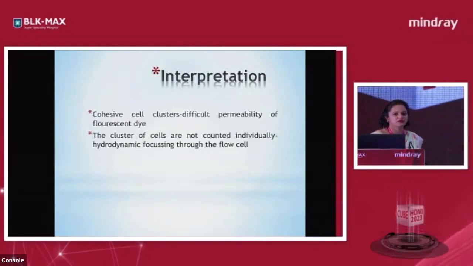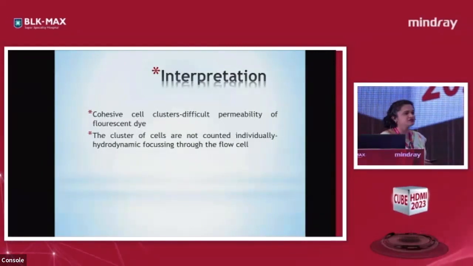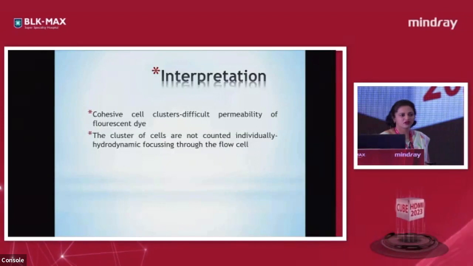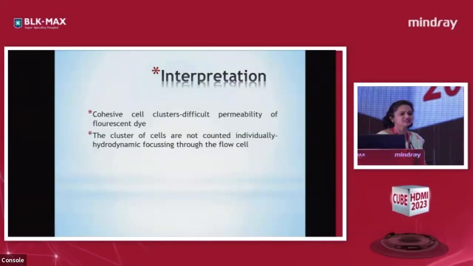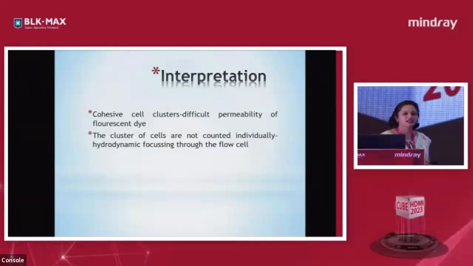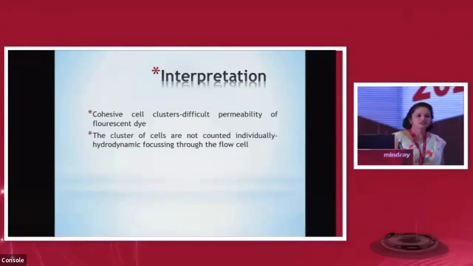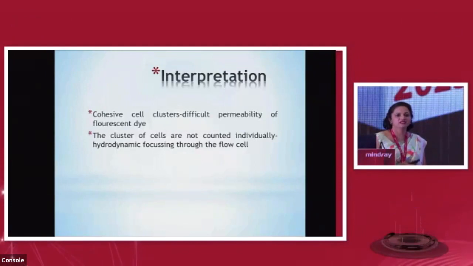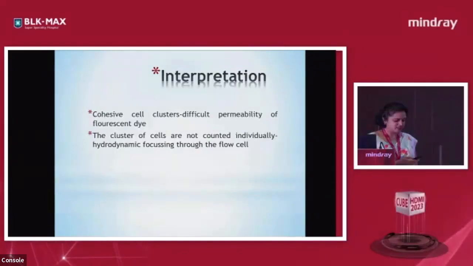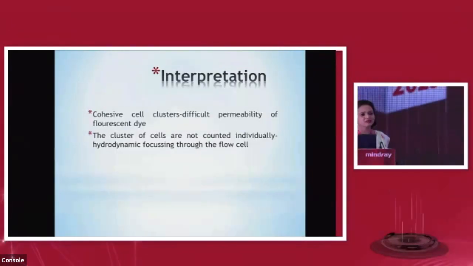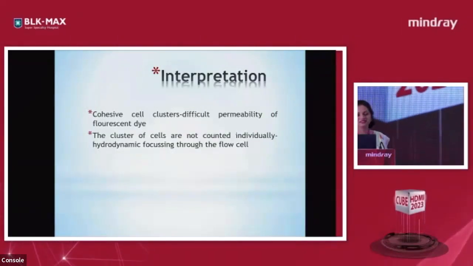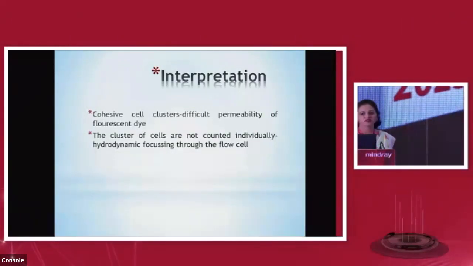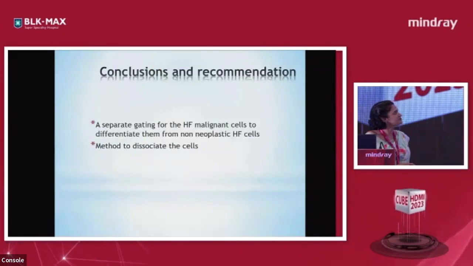And this was probably because of the difficult permeability of the fluorescent dye, and these cells are not picked up. And then these clusters probably are not analyzed by the analyzer because the cells cannot pass in single file for the hydrodynamic cell focusing. So these are the two difficulties being encountered in the present study, and the study is still continuing because it is part of the dissertation.